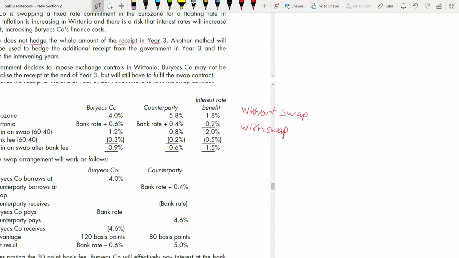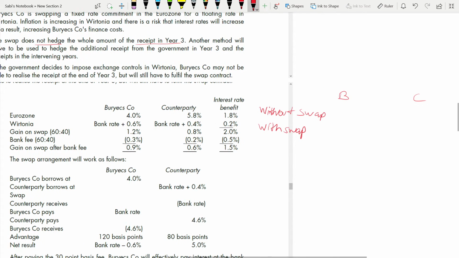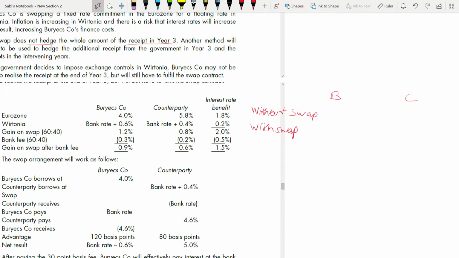Without swap, I'm going to take B for Brewers company, and for counterparty let's take C. Brewers is going to take which one, fixed or variable? Variable.